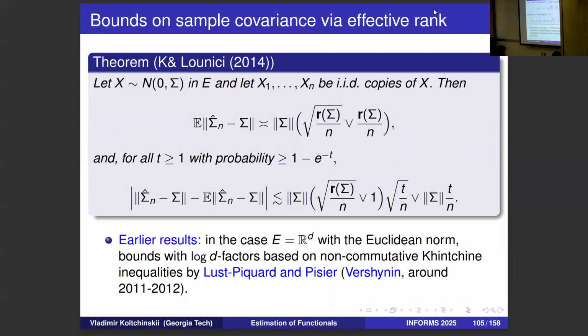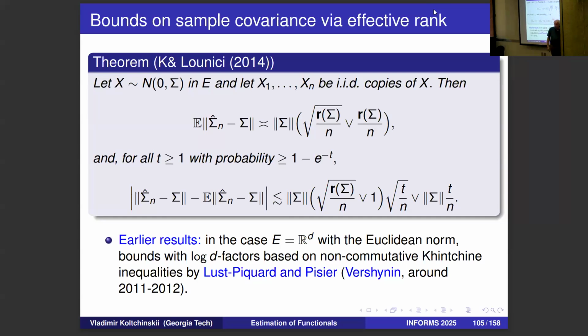Closer to our problem, it turns out that effective rank completely characterizes the size of the operator norm error of the sample covariance as an estimator of covariance. Up to a numerical constant, the expectation of the operator norm error will look like this.